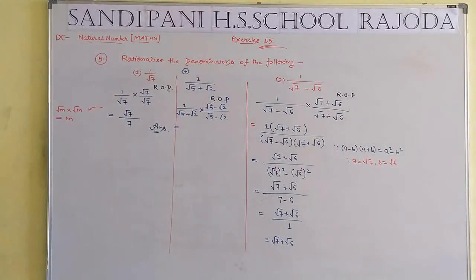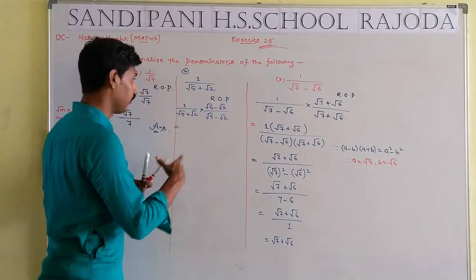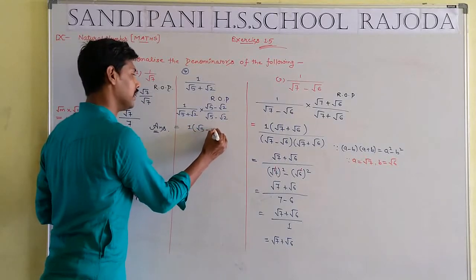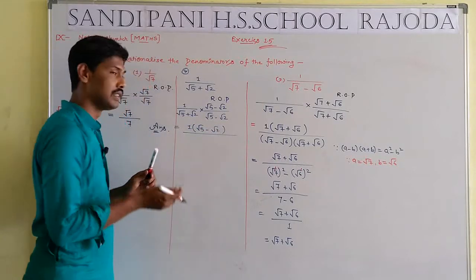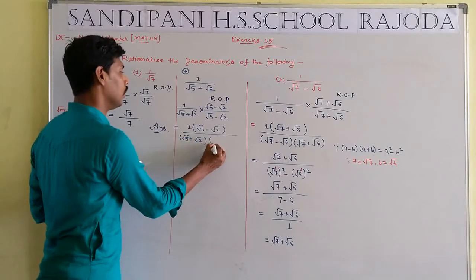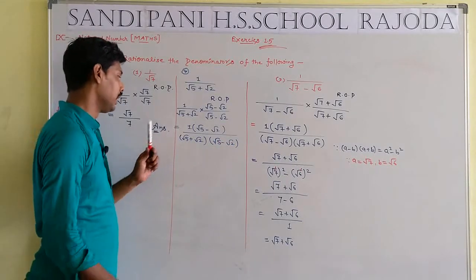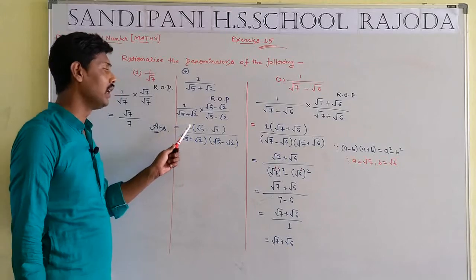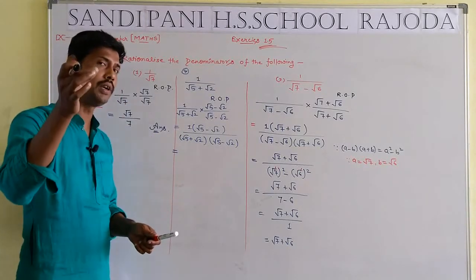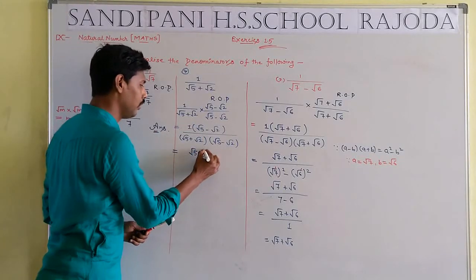Numerator will be multiplied by numerator and denominator will be multiplied by denominator. 1 into root 5 minus root 2, and as a denominator root 5 plus root 2 into root 5 minus root 2. Students, in the case of the numerator, 1 multiplied by quantity will be equal to quantity.